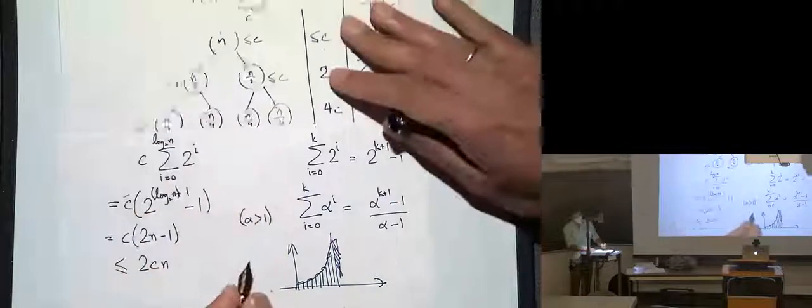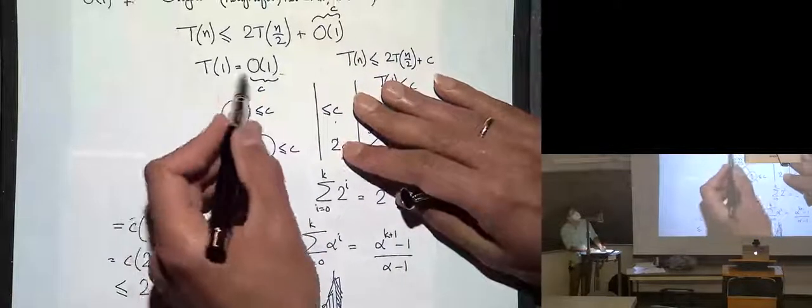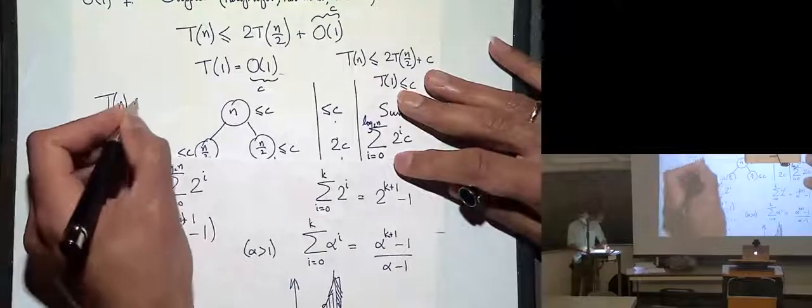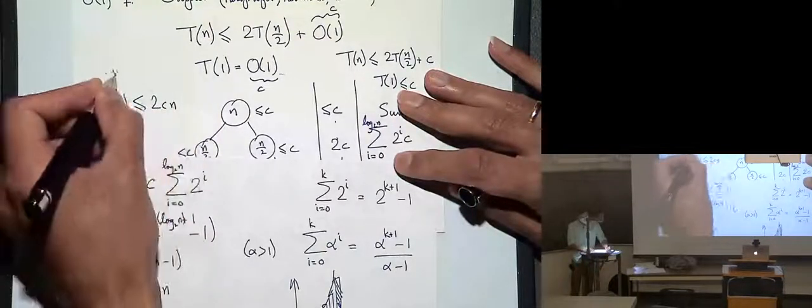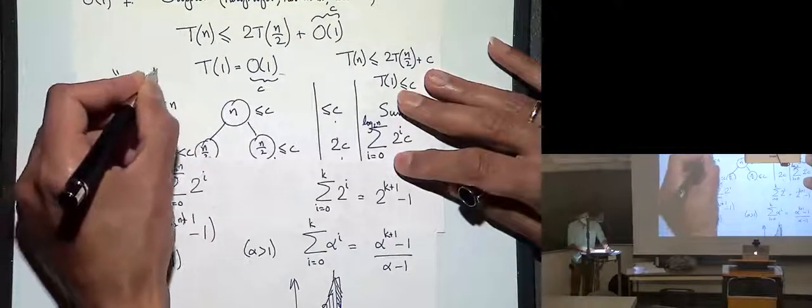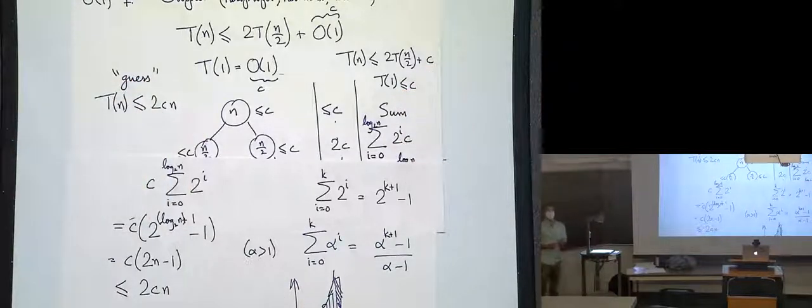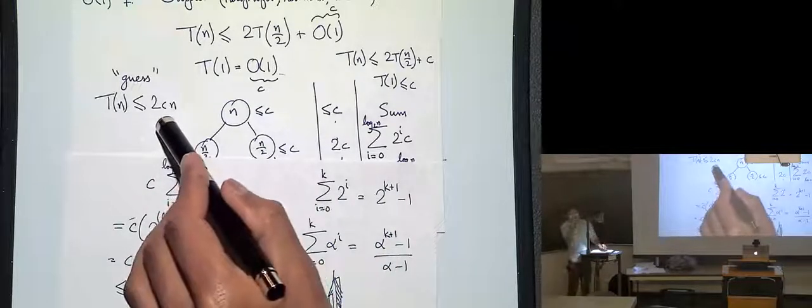Anyway, the upshot of all of this is when you have this recurrence here, you guess that T of n is at most this. This is like our guess. Then you have to prove this by induction. There's actually a slight challenge in that proof, but I'll just say it now: if you try to prove this by induction, you'll get stuck.